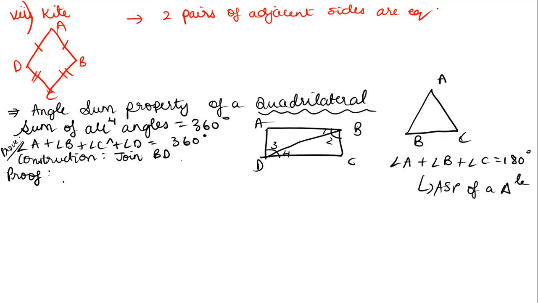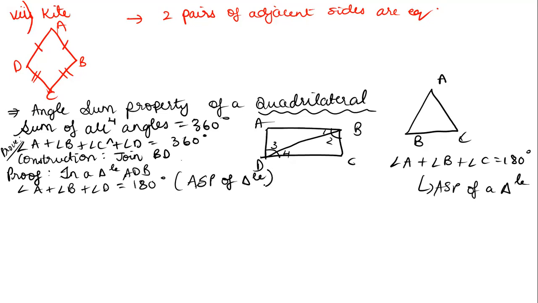Now the proof is, first of all, we know that in a triangle, let's say in triangle ADB, angle A plus angle B plus angle D is equal to 180 degrees. This is the angle sum property of a triangle. Clear?